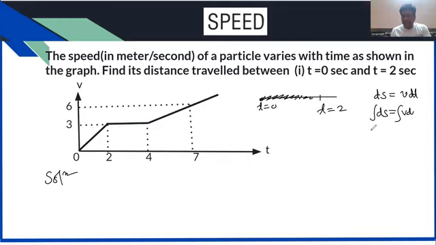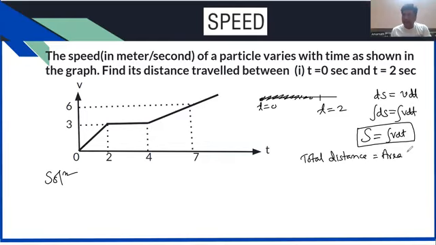Integration of ds is s, and integration of v dt is nothing but area. So total distance equal to area under the V versus T graph.